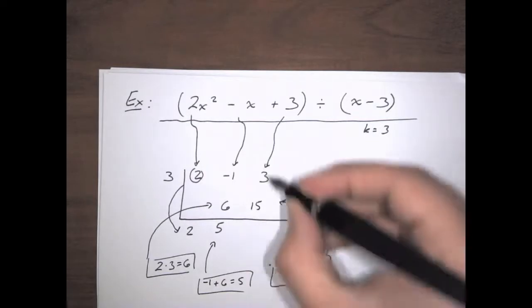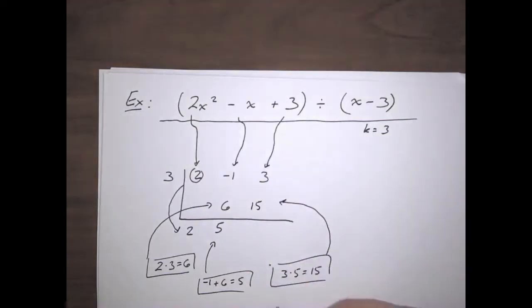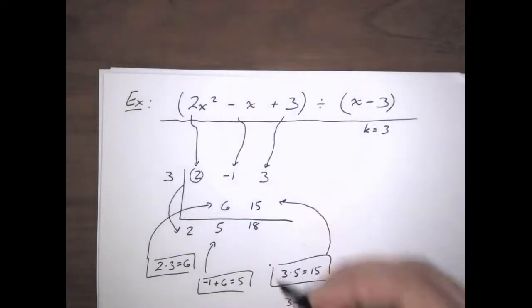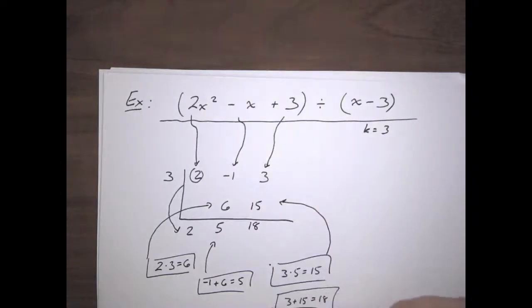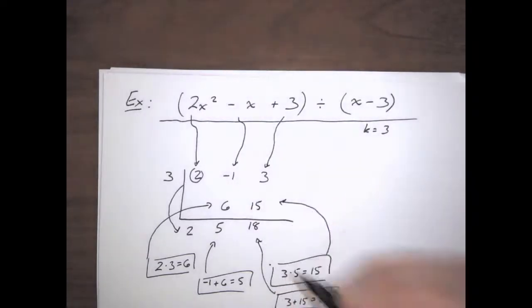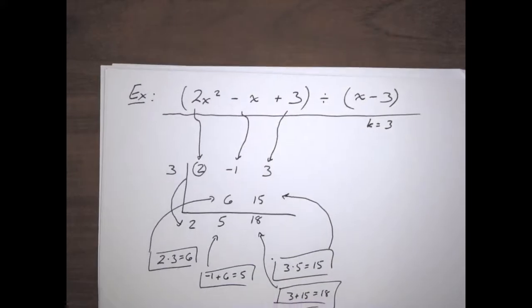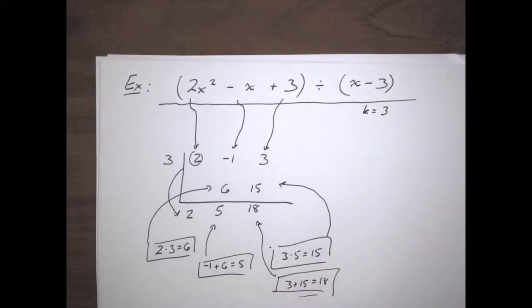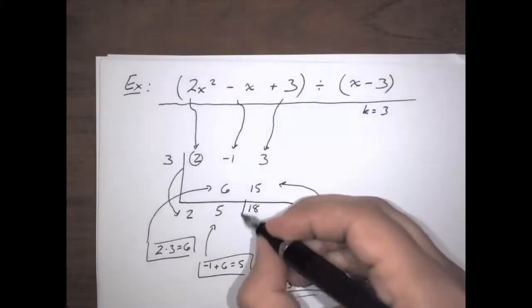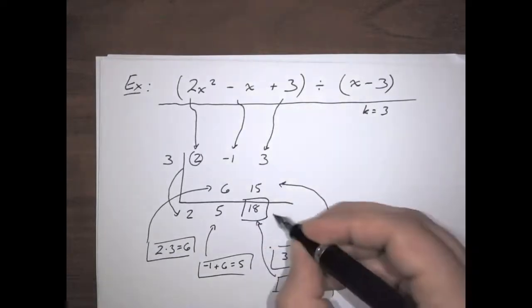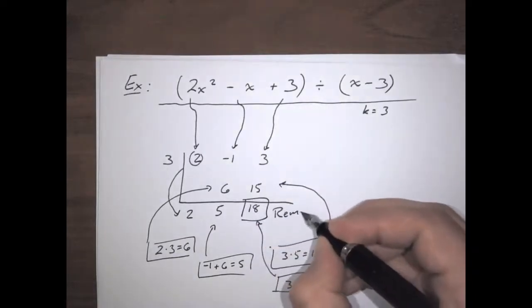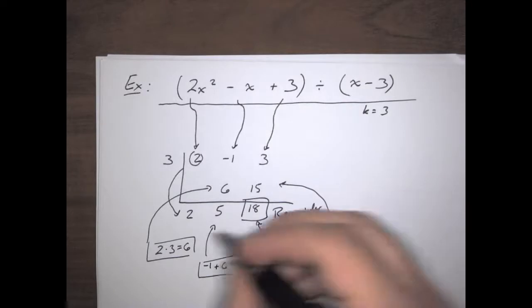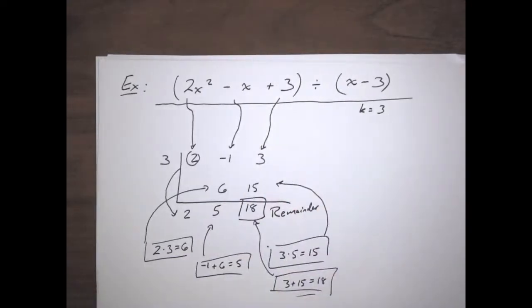And then you do 3 plus 15, and that's how you get this number. And now our process is finished. This is the remainder. And these are the two coefficients for the quotient.